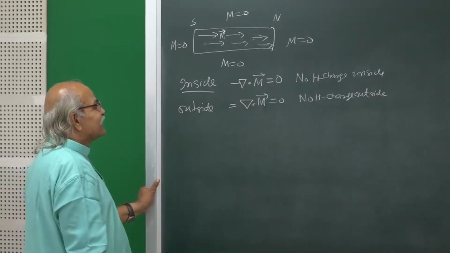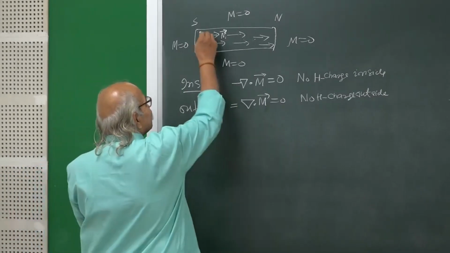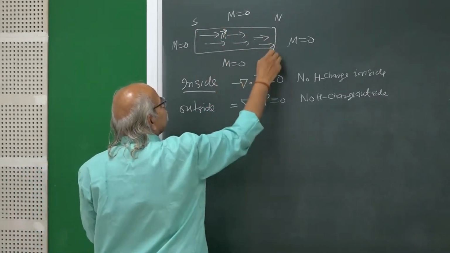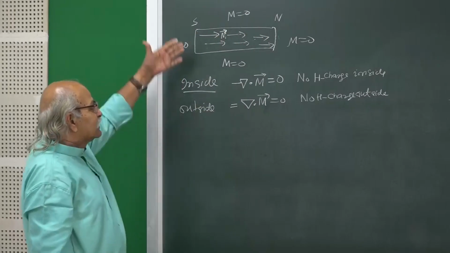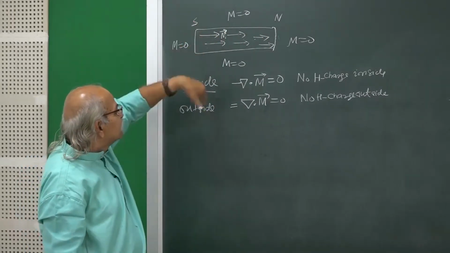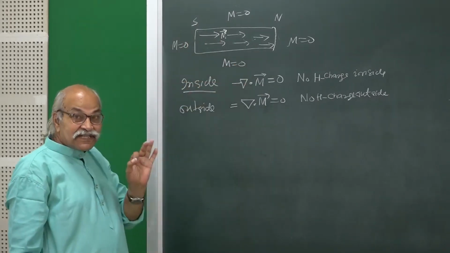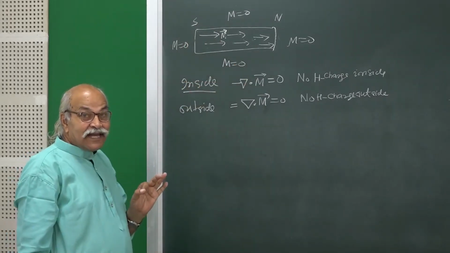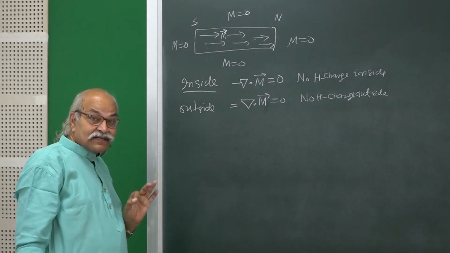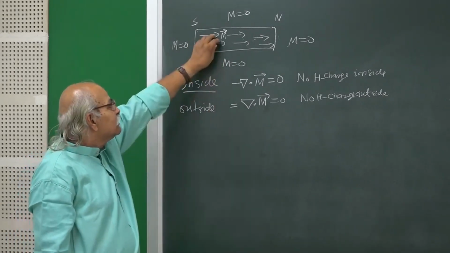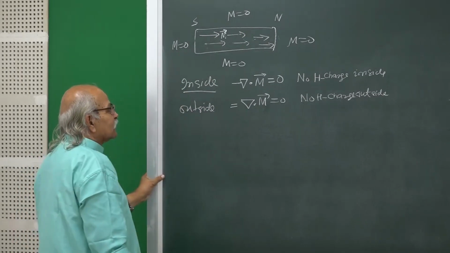This H charge is on the surface of this magnet. You have this surface, this surface, this surface, this surface, or if it is a cylinder, then this is the curved surface, and then this flat surface. Surfaces we will have to check. You can have surface charge density. The volume charge density is 0 here.